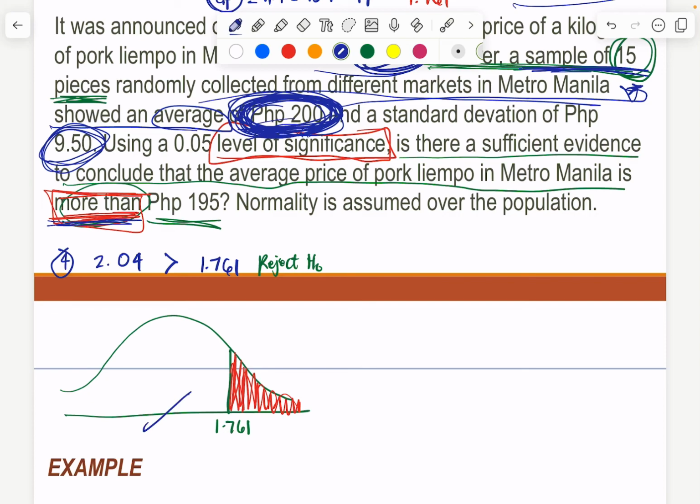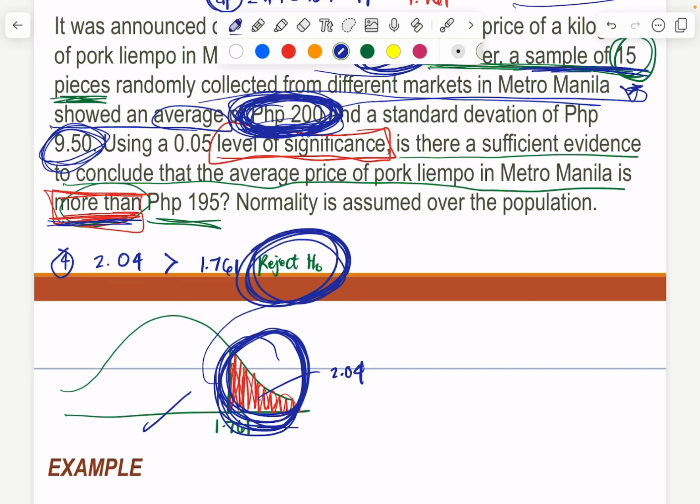Diri sa left ni 1.761 or diri sa right ni 1.761. So si 2.04 na siya diri somewhere after 1.761. So it is located within our rejection region. So that means our decision should be rejecting our null hypothesis.